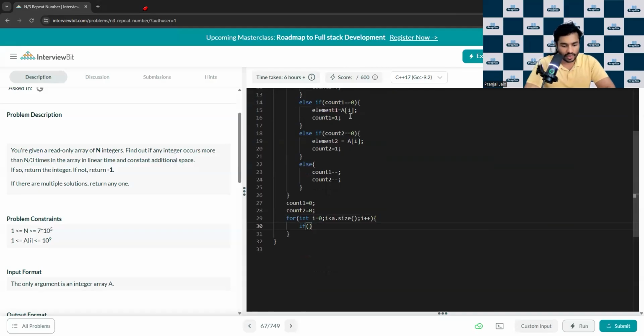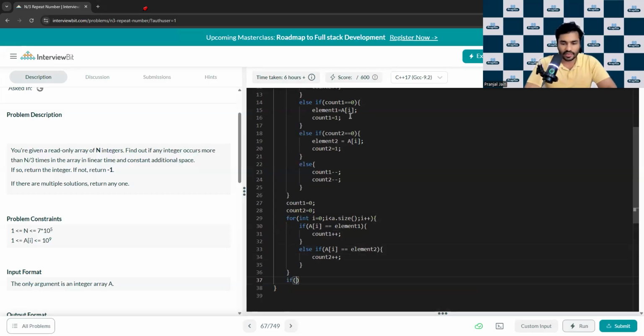And if a of I is equal to element 1, we can increment the value of count 1, and if a of I is equal to element 2, we can increment the value of count 2. Now, when we come out of this for loop, we know how many element 1s and how many element 2s actually exist in the array.